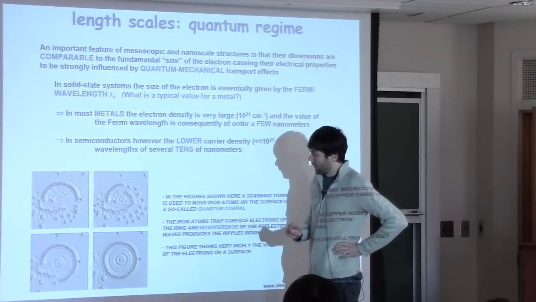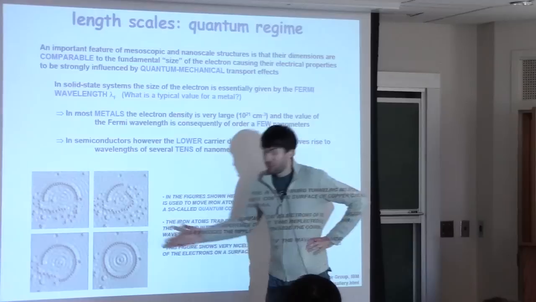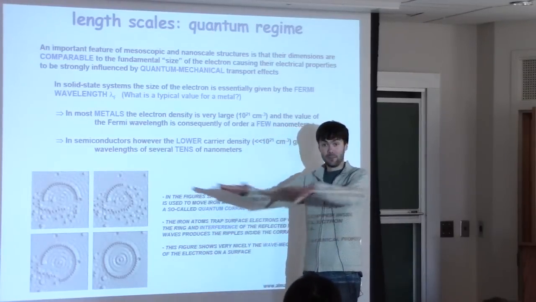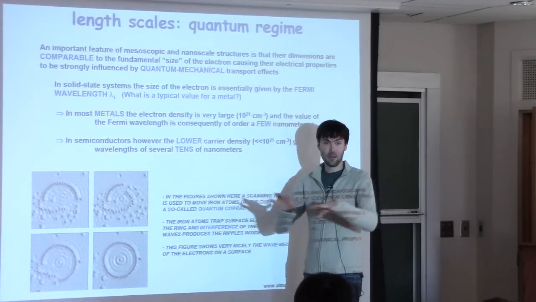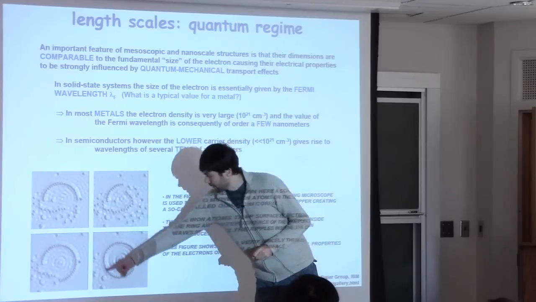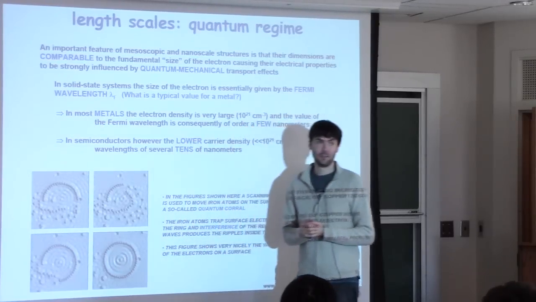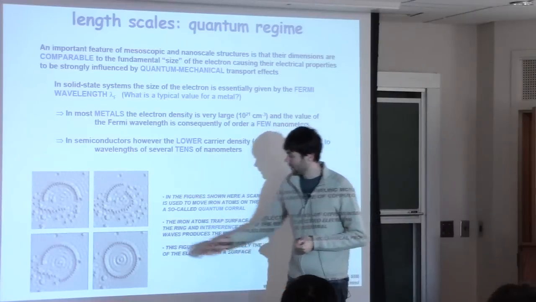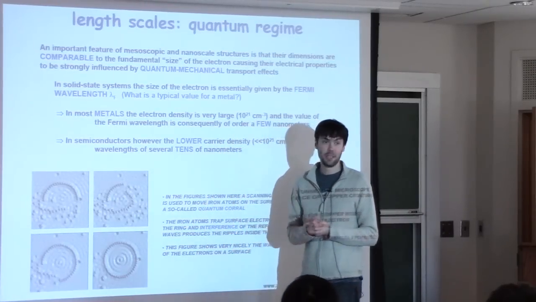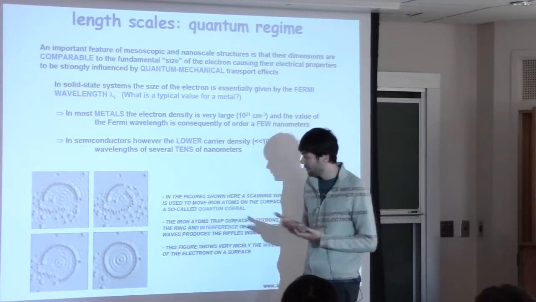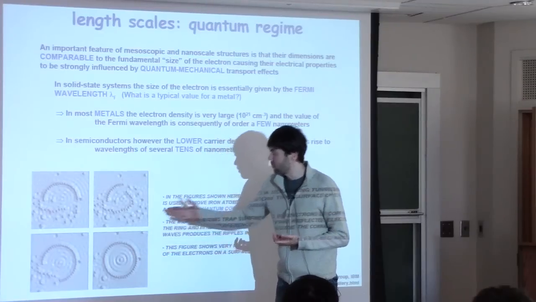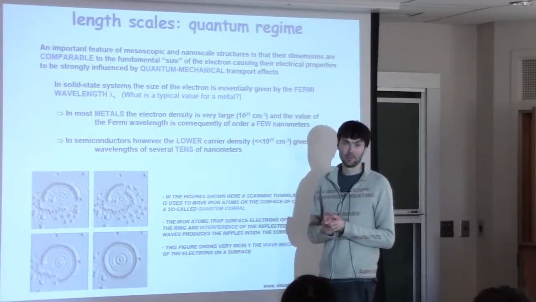What this is, is an interference pattern of electrons that fly on the surface of copper, and they interfere with this corral. And the period of this interference is something like the wavelength. So you can see that the wavelength here is comparable to the spacing between atoms in a metal.